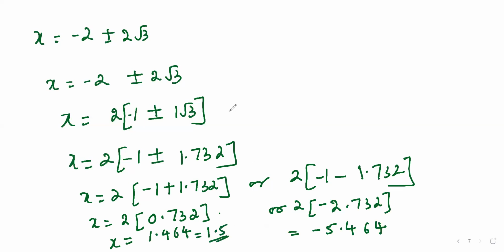It depends. So if you're going to take it up here itself, 1.732, if I ignore this, then I'll get 1.7 minus 1 is 0.7, 1.4. But if I consider 1.464 and then round it, I'll get 1.5. And here, if I truncate it, it becomes minus 5.4.